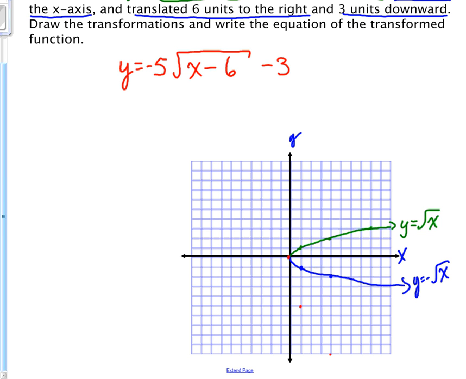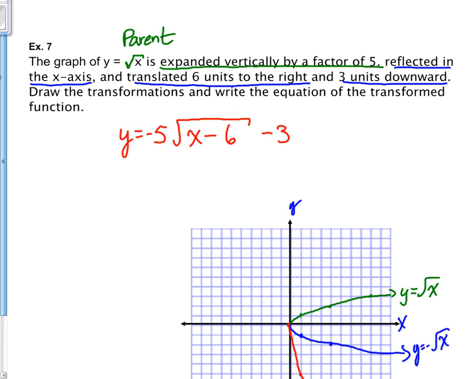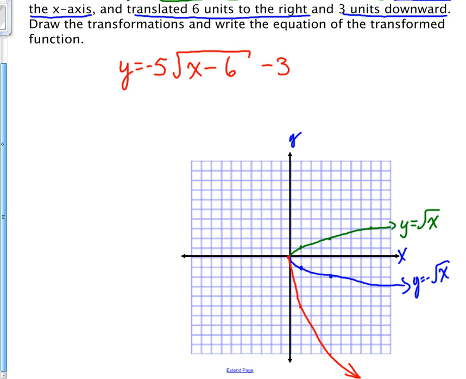So my new function goes like that. The next thing that I see is inside the function, x take away 6. That is a translation to the right 6. So I take my red one and everything is moved to the right 6.